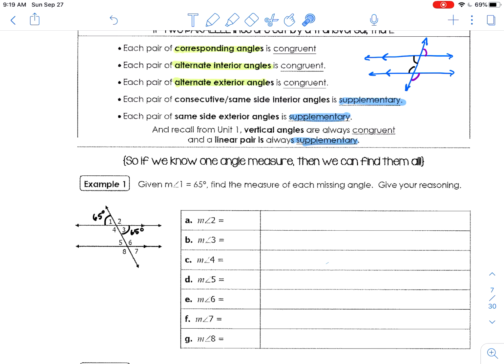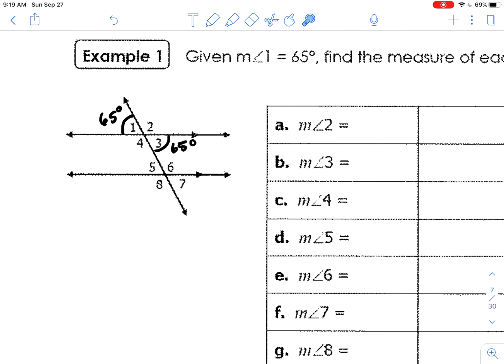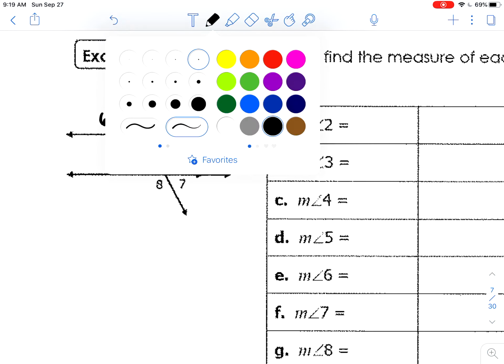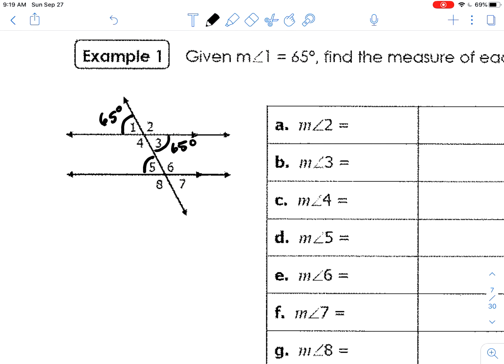Let's use those to figure out the rest. All right, so angle 1 and angle 5 are corresponding. They're in the same position on each of those angle groupings. So I know that angle 5 is 65, and it's vertical to angle 7, which is 65.